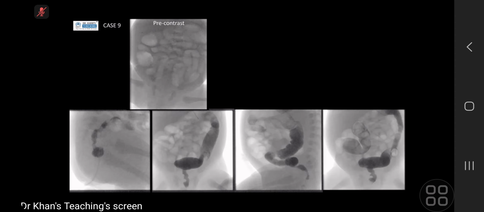I don't think it's opacifying the ascending colon, and I don't see any contrast within the small bowel. I'm wondering if this might be like a colonic atresia.